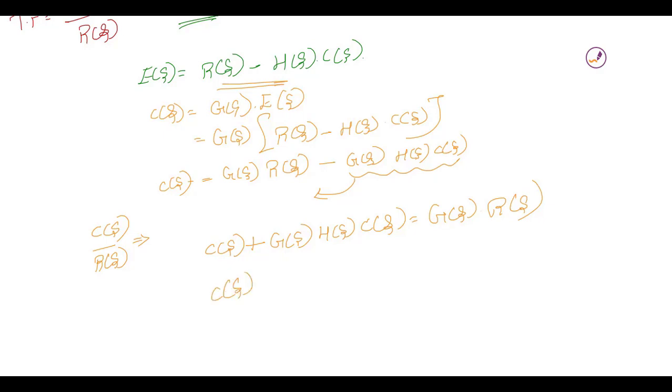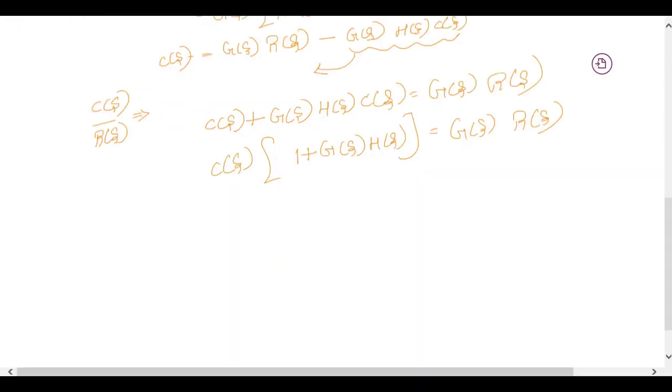Taking C(s) as the common term outside, we get 1 plus G(s) into H(s), which multiplies C(s) and equals G(s) into R(s).